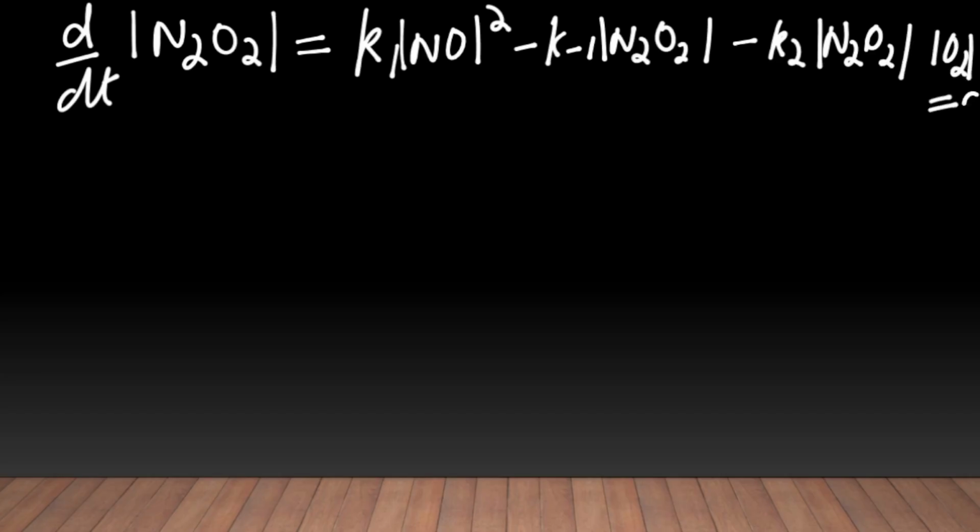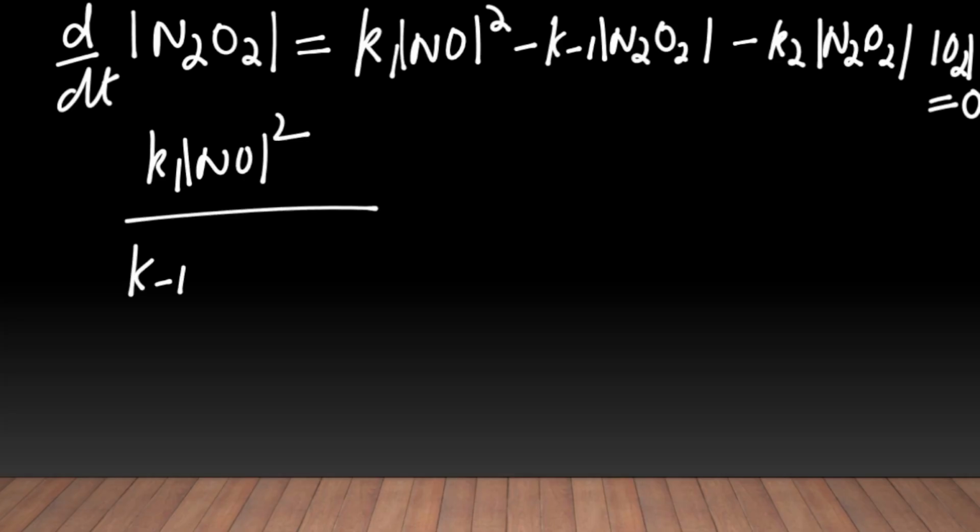This whole thing is equal to 0. So from here, k1 times [NO]^2 upon k inverse plus k2 times [O2] is equal to the concentration of N2O2.